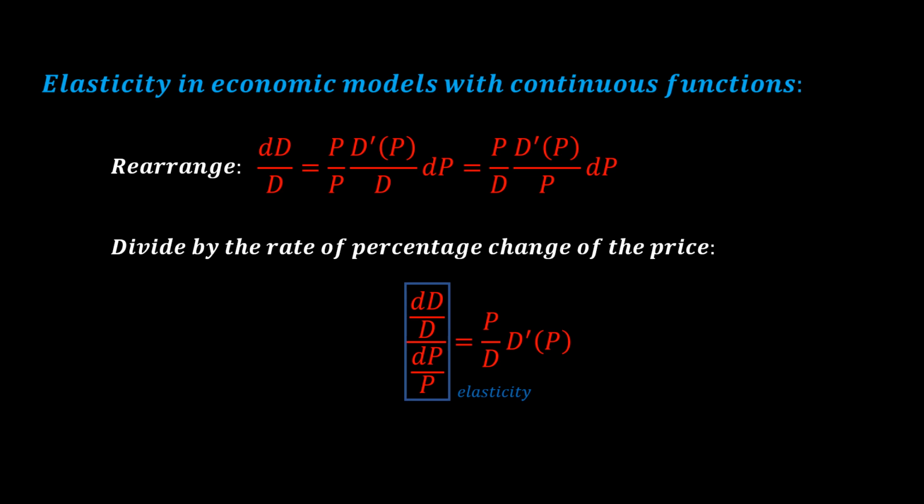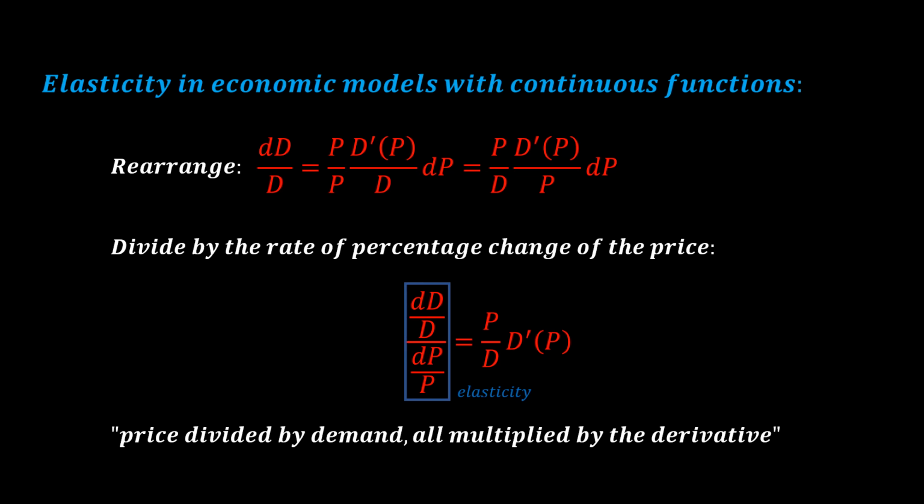But this, if you recall, is nothing else than the definition of elasticity. Hence, we find that for continuous functions, we can write elasticity as price divided by demand, all multiplied by the derivative of demand with respect to price. This is how you will usually see elasticity written in textbooks on economic theory.